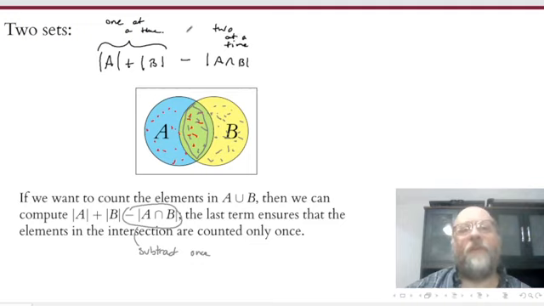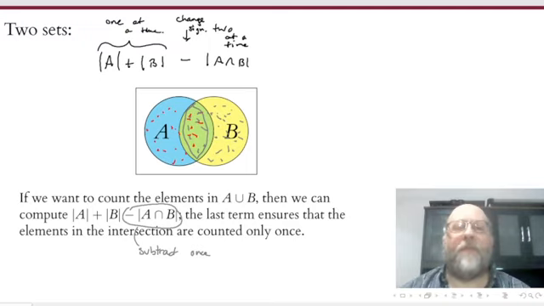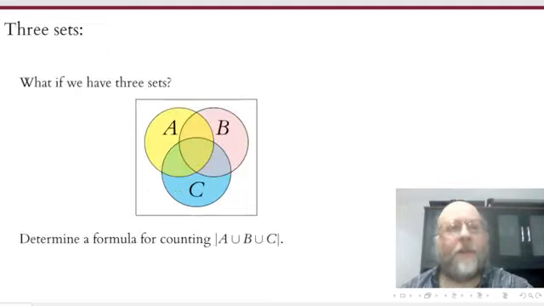But we change the sign when we switch from one to two. And that seems a complicated way of saying we add these two and we subtract the intersection. But I want to show you how the pattern expands to three sets now. So we're going to look at a three-set problem. What if we have three sets?